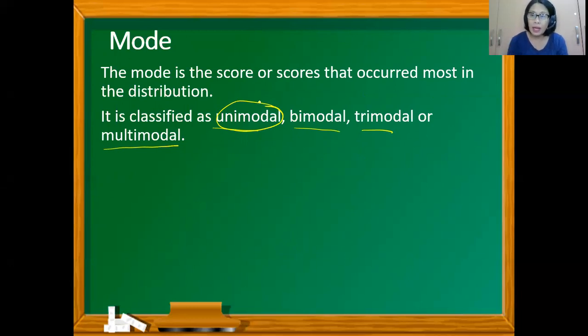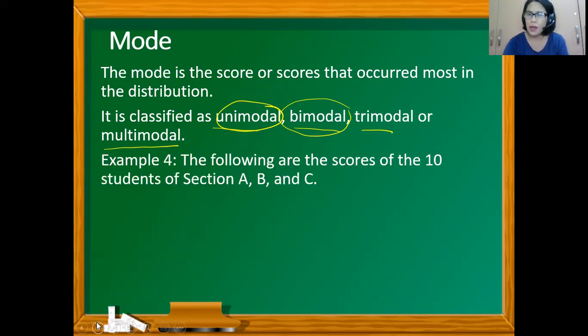When we say bimodal, there are two values which obtain the highest frequency. While trimodal, we have three values which obtain the highest frequency, meaning there are three values that have the same, highest number of frequency. Okay.